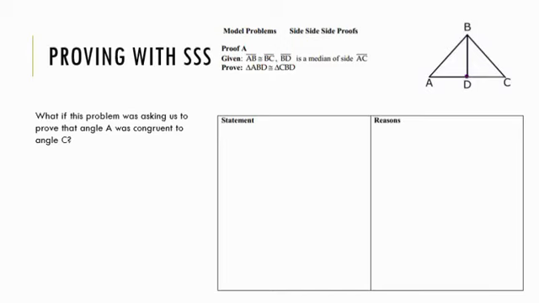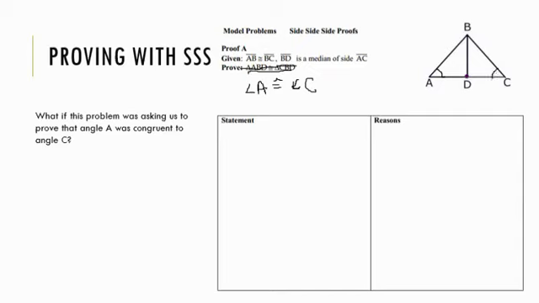Well, let's assume that instead of saying prove that these two triangles are congruent, it's saying to prove that angle A is congruent to angle C. So it wants to know if these two angles are congruent.